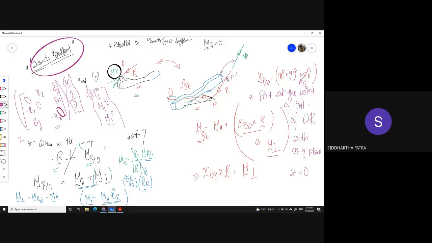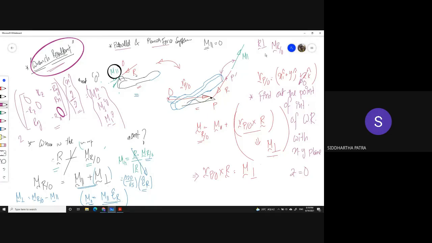So the simplest resultant in the most generalized situation is a range resultant, for which you can ask what is the point of intersection with any given plane. Now consider one of the previous cases: in a parallel and planar force system, we saw that the resultant force is perpendicular to the resultant moment.